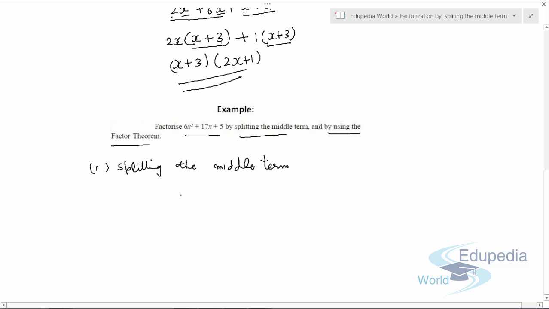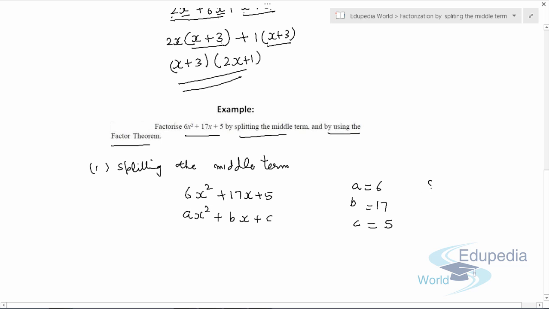Now we have the polynomial 6x square plus 17x plus 5. Again we compare this with the general equation ax square plus bx plus c. Here we have a as 6, b as 17, c as 5.